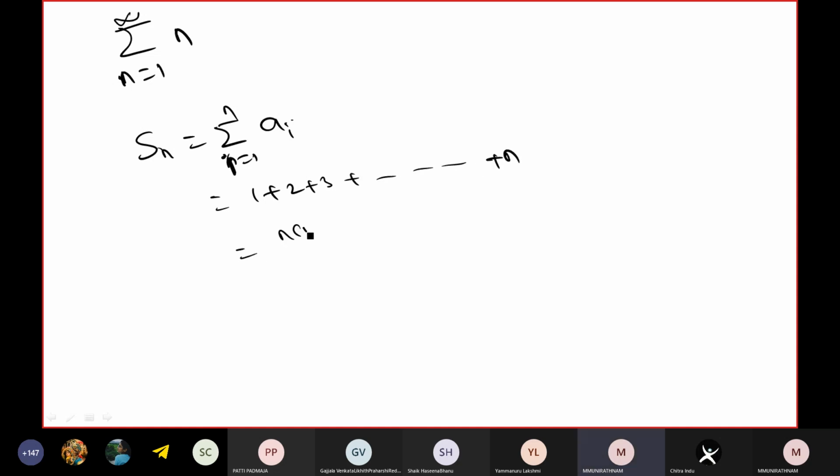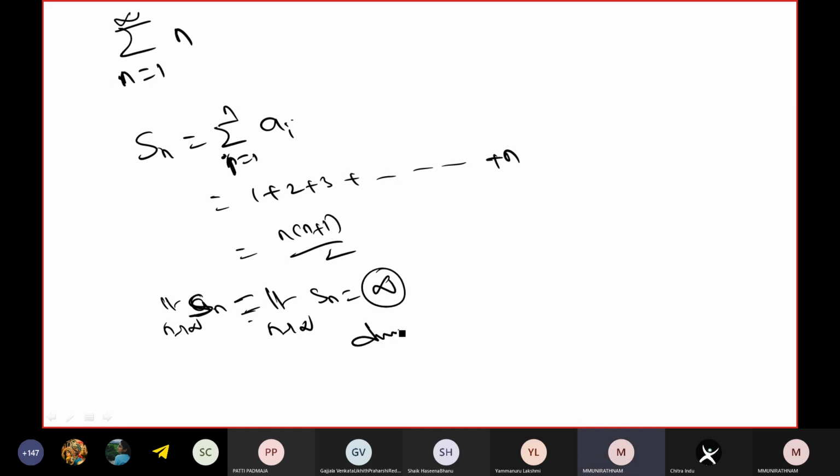This will be n into n plus 1 by 2. Limit n tends to infinity Sn is infinity. Diverges means that the sum we are unable to find.